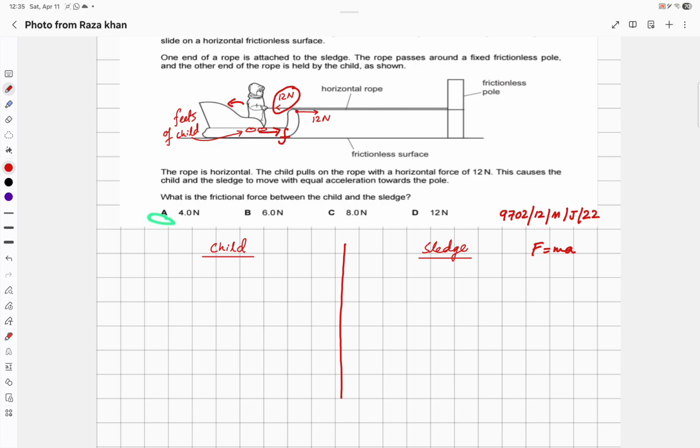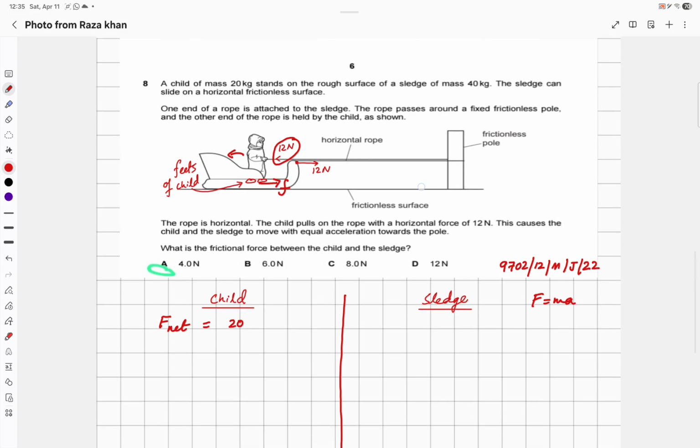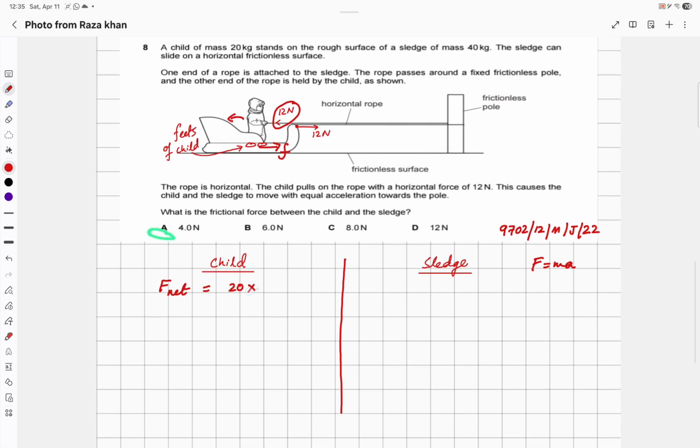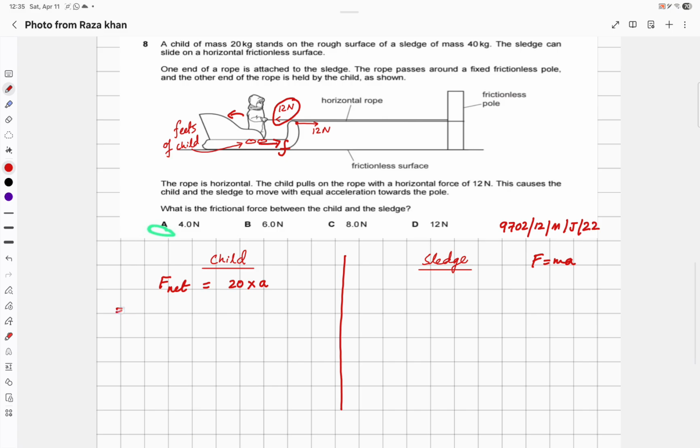So if I use F net, the resultant force acting on the child, equals the child's mass, which is 20, multiplied by the acceleration, then F net would be 12 minus frictional force equals 20a. Make it equation number 1.